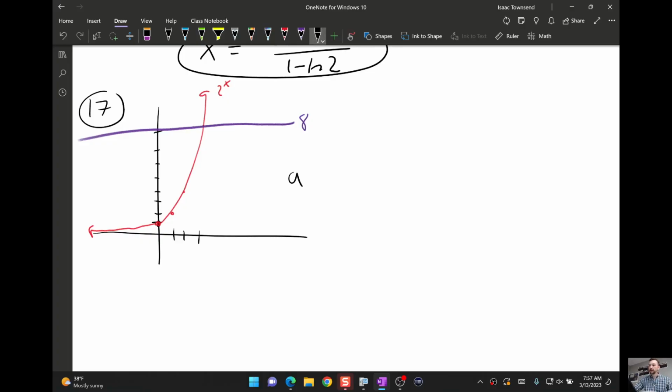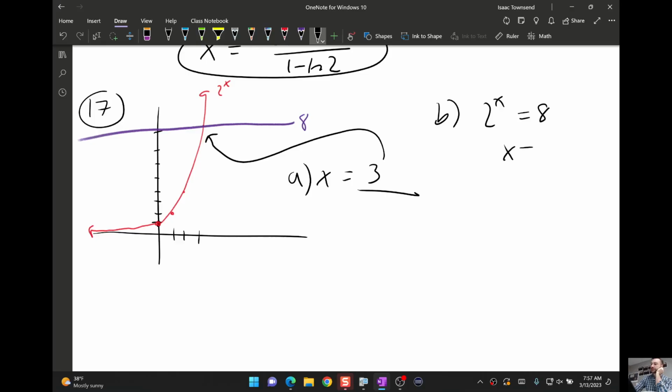So for part A, they just want you to approximate what you think the answer is from the graph. So that would be when they are at the same place in time, when x equals 3. And then for the second half of the question, verify it algebraically. So when does 2 to the x equal 8? That would be when x equals 3. So they just want you to see what your answer would look like visually.